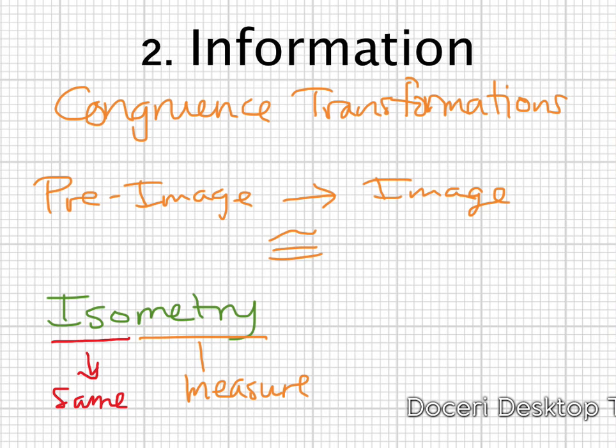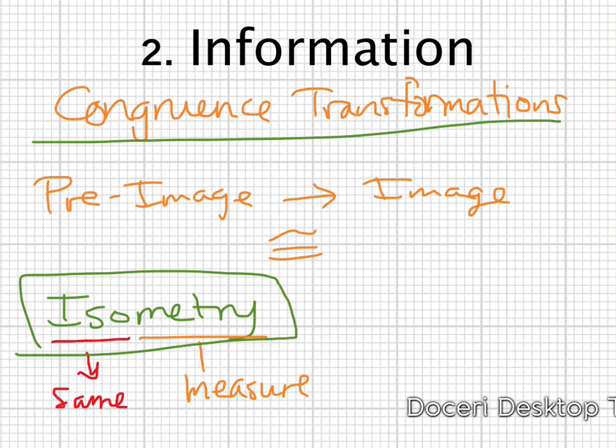You probably have heard the word isotope at one point in your education in science. And isotopes are just two different versions of the same element. So it's the same element just with different variations of each other, but isometry is in terms of measuring the same object, and they have the same measure. So that's another word for congruence transformations. When you hear the word congruence transformations, you can also think isometry.